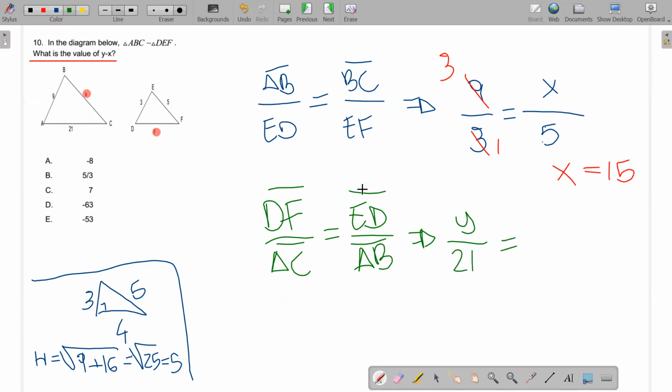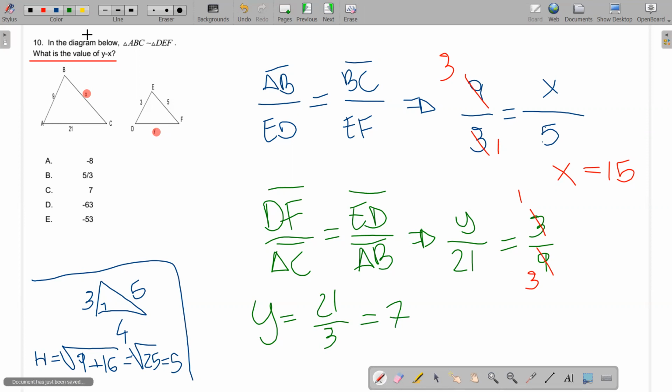That needs to be equal to ED over AB. ED is 3, AB is 9. That one would be just 1 over 3. That means that when I isolate my y, I will do 21 over 3. 21 over 3 would be just equal to 7.